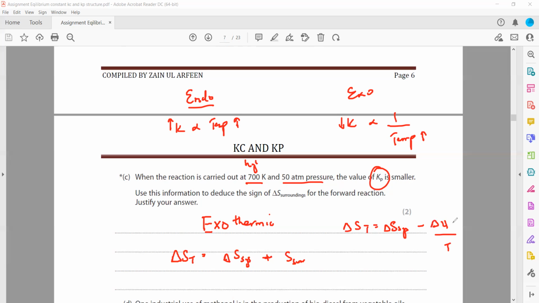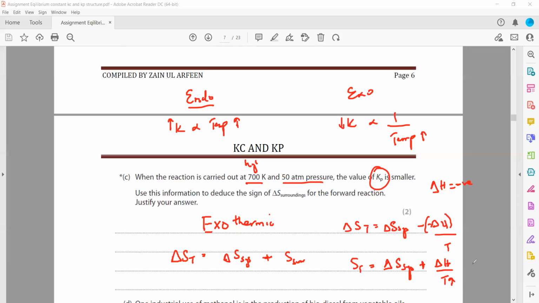And if the reaction is exothermic, what will be the value for delta H? The delta H will be negative. So if delta H is negative, because it is an exothermic reaction, delta H will be negative, so minus minus plus. So it will be plus delta H by T. So what happens to the total entropy as we are increasing the temperature?